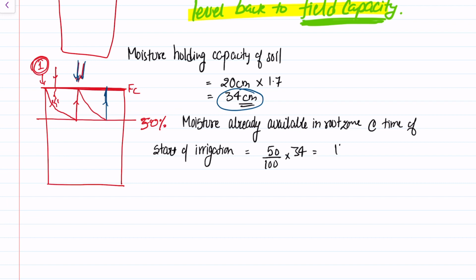So this will be 17 centimeter, right? Let's say the overall depth was 34. As soon as it reaches 17 centimeter depth, the irrigation is done.